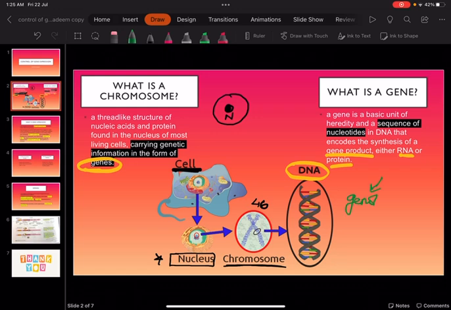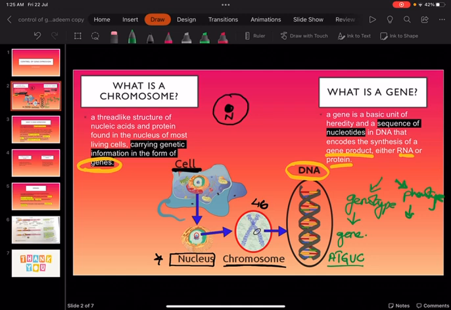You have a genotype and you have a phenotype. So a genotype is what your genes tell you. And what those genes tell is actually the sequence of the nucleotides. It could be A, T, G, U, C. All of these are the nucleotides. And what is the phenotype?